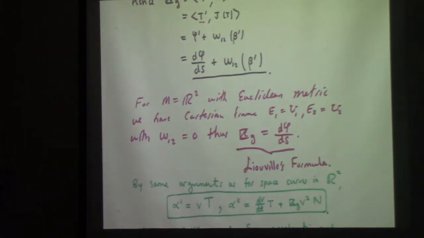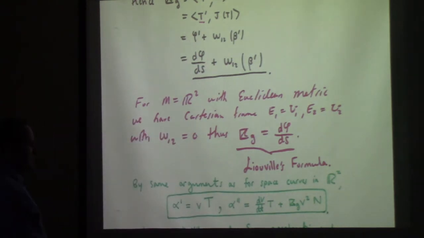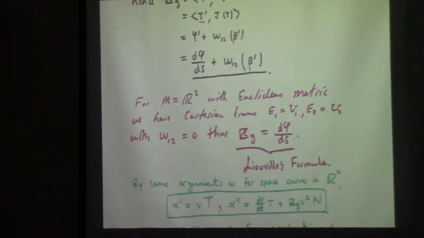Does it say the dv over dt, that's the speed? Oh, this right here? Yeah, that's the derivative of the speed with respect to time. It's the second derivative of the arc length function with respect to time, but it's also the tangential component of the acceleration. I'm not sure what this is doing right here, honestly. I wouldn't worry too much about it.